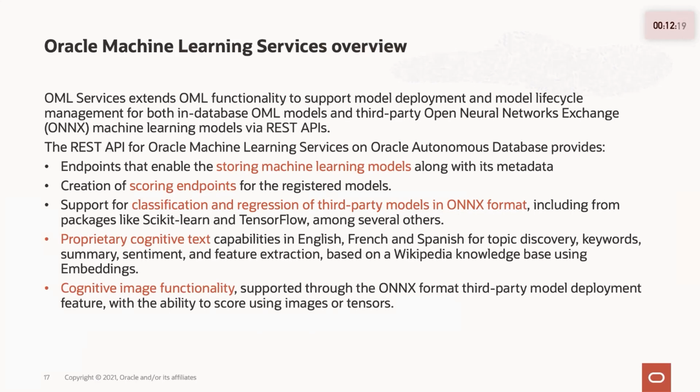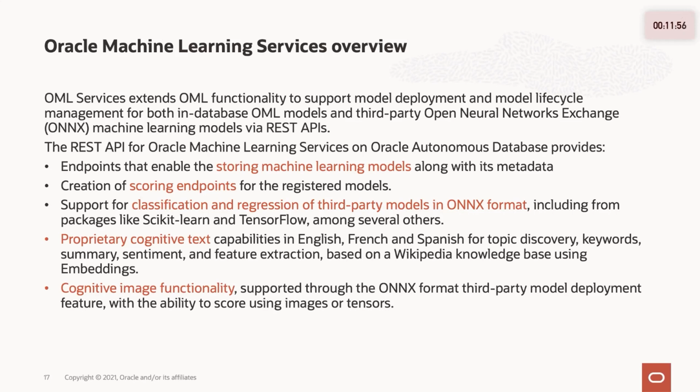And you can build a model with Scikit-learn and deploy it, or TensorFlow and deploy it. And then we have some specific cognitive text capabilities that are built in English, French, and Spanish as well. And finally, the cognitive image capability, where we can deploy a model that you can just send an image to and get a response.